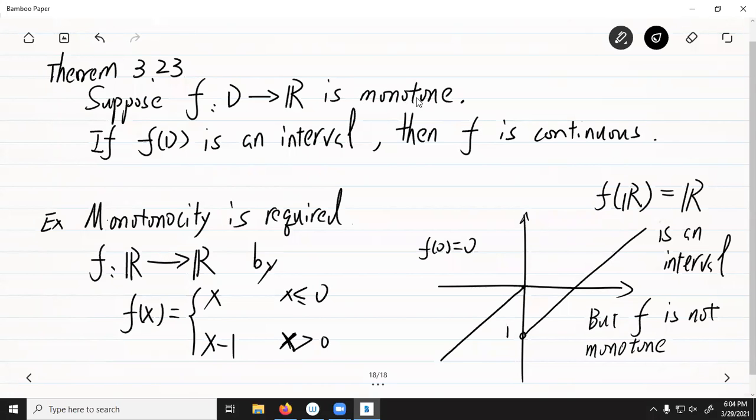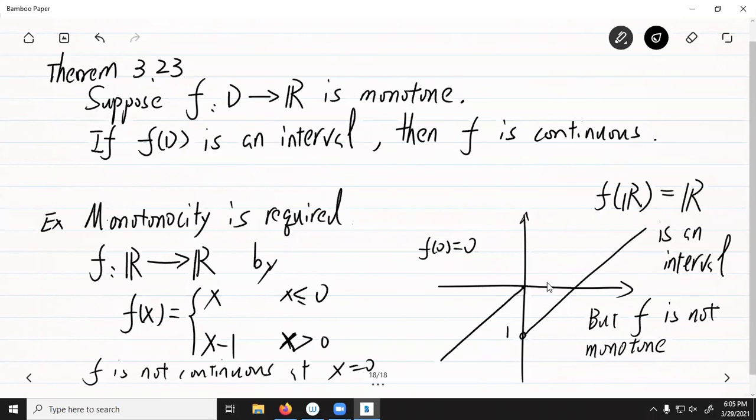Without monotonicity, even if the image is an interval, you cannot say this function is continuous, because this function f is not continuous at x equals 0.